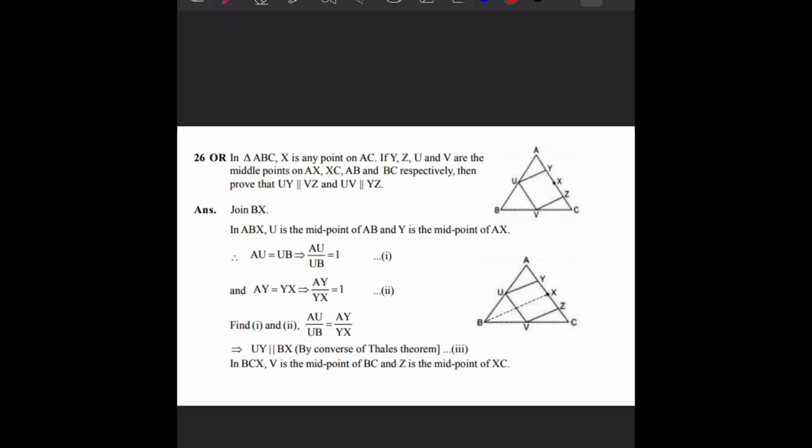In triangle ABC, capital X is any point on AC. This is that point.